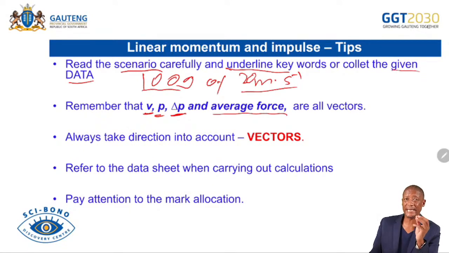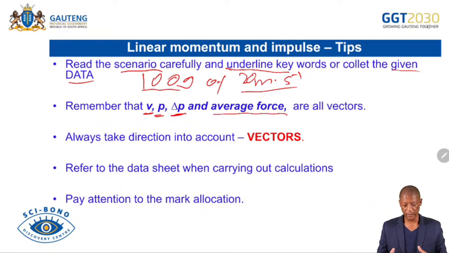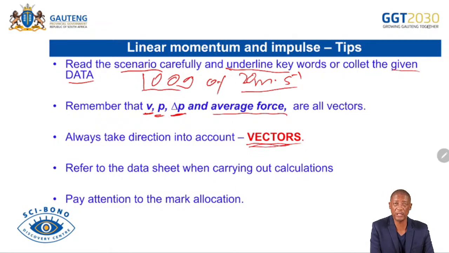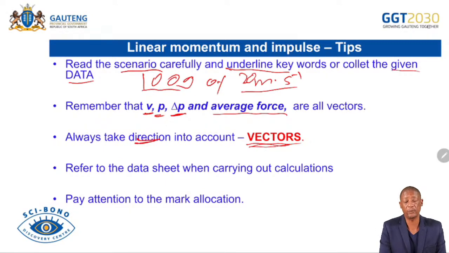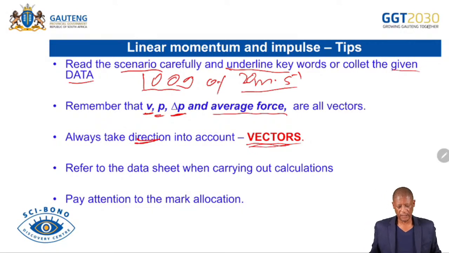You must think of direction at the end. Always take direction into account, because you are dealing with vectors. Once you deal with vectors, you must take direction into account. Read the data sheet when carrying out calculations. Learners, you are given a data sheet at the back of your question paper.